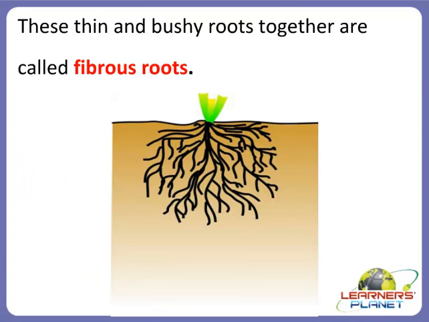So children, they have many thin and bushy roots growing from the end of the stem. And these thin and bushy roots together are called fibrous roots. So children, always remember taproot has one main root, but fibrous roots have many roots.